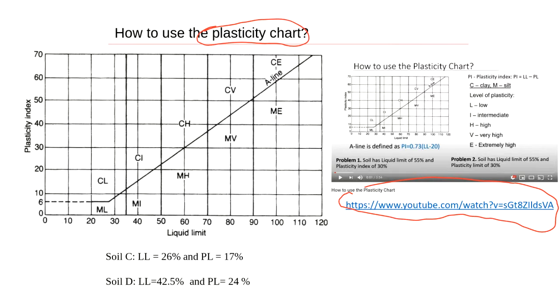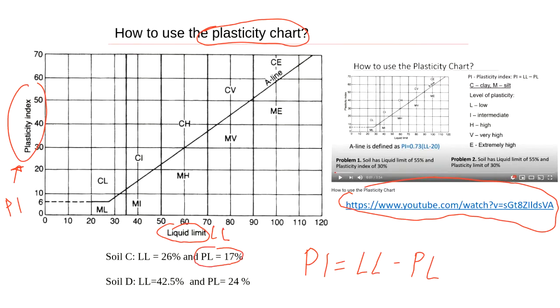So it's drawn as liquid limit versus plasticity index. Please pay attention. This one is plasticity index, which is PI, and PI is the difference between liquid limit and plastic limit. What you are typically given is the liquid limit and plastic limit, so what you need to do first is find the plasticity index.